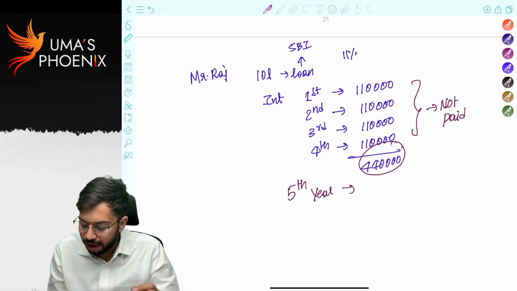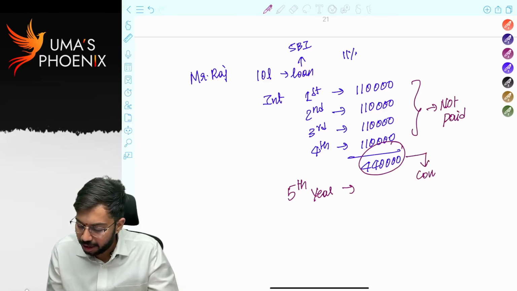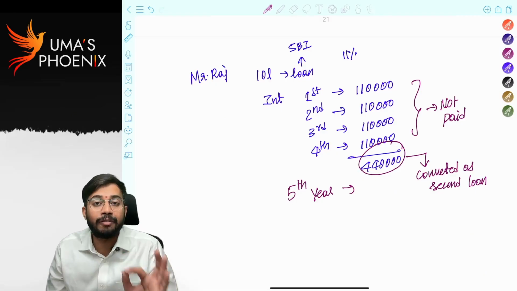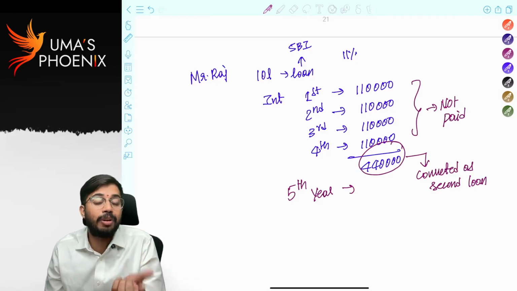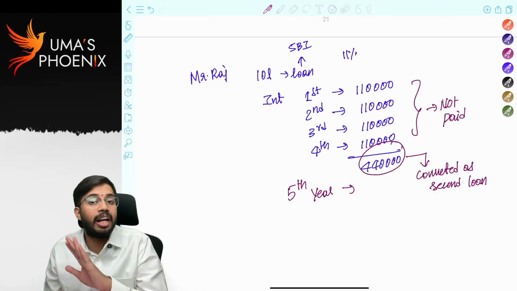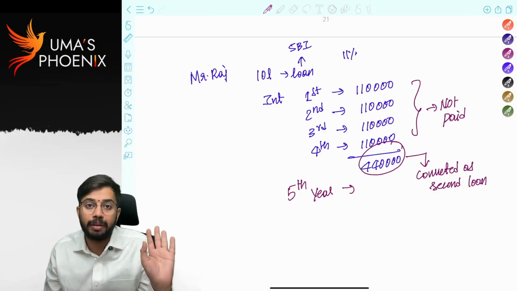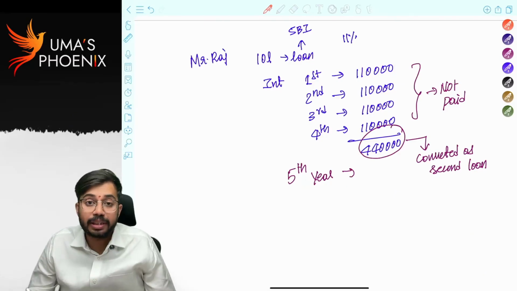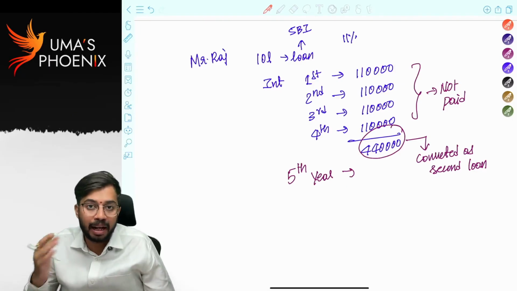this 4,40,000 was converted as second loan. Just because 4,40,000 interest amount is converted into loan, deduction is not allowed under PGBP. Now, this 4,40,000 will be paid over remaining period, right?